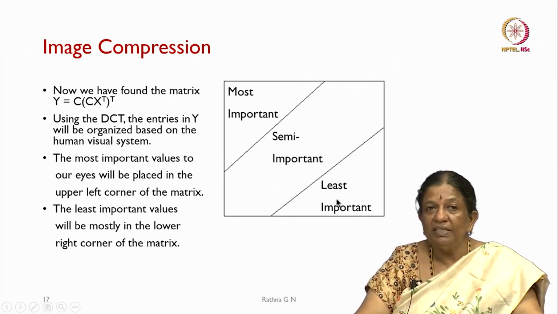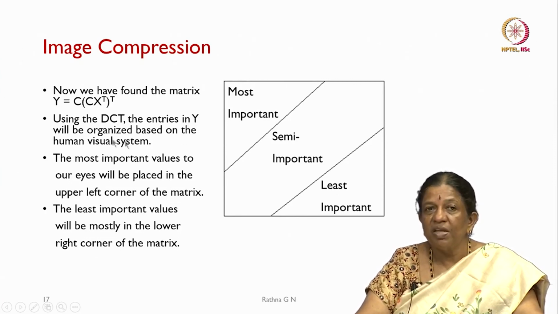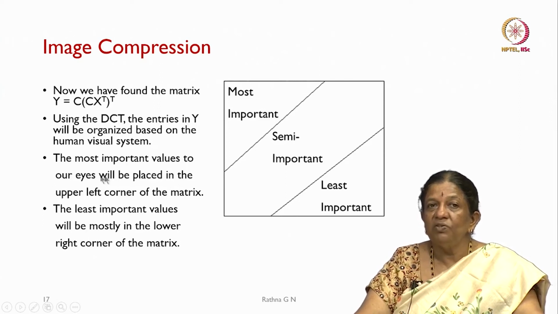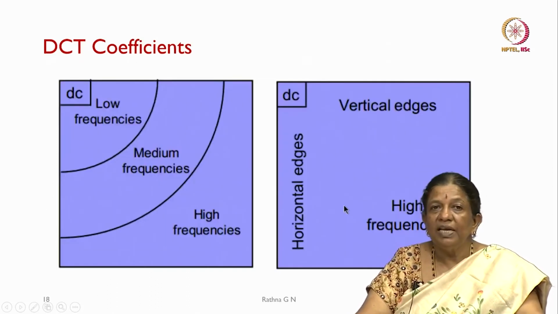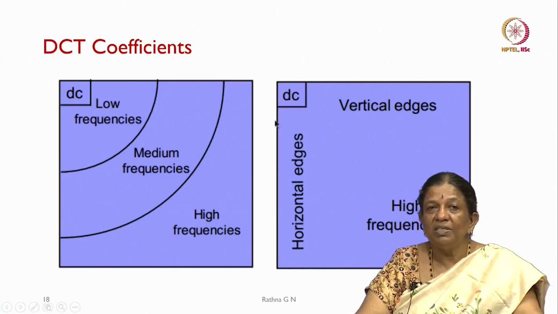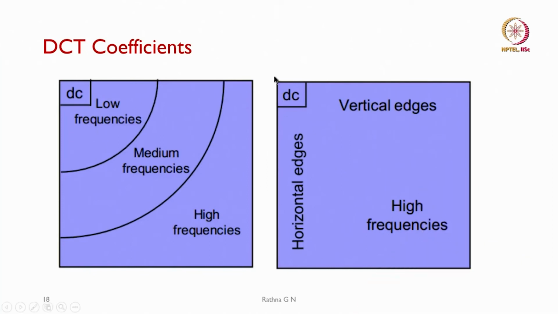Using the DCT, the entries in Y will be organized based on the human visual system. The most important values to our eyes will be placed in the upper left corner of the matrix, and the least important values will be mostly in the lower right corner, as you are seeing here. Next, to show what the DCT coefficients are and how they are ordered.